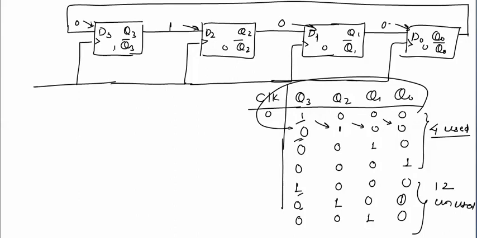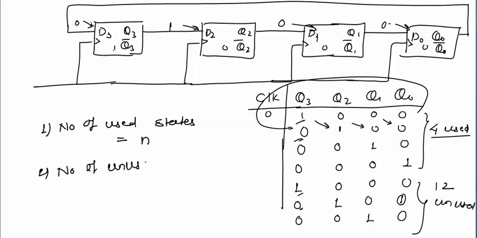So in a ring counter, the number of used states is equal to n, where n is the number of flip-flops, and the number of unused states is equal to 2 raised to power n, the total number of states possible, minus the used states n. Means these many unused states are there in a ring counter.